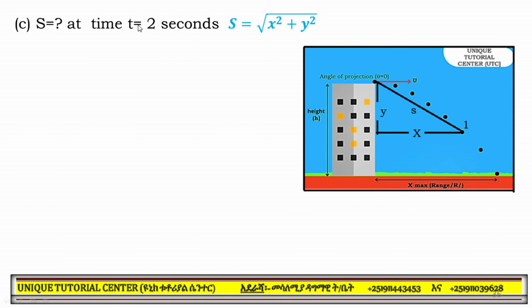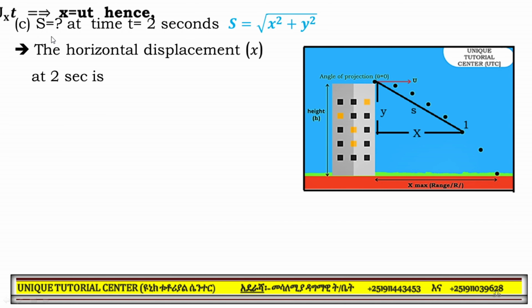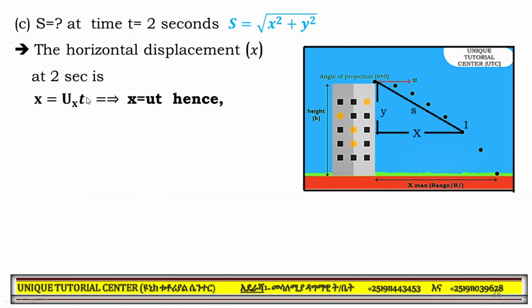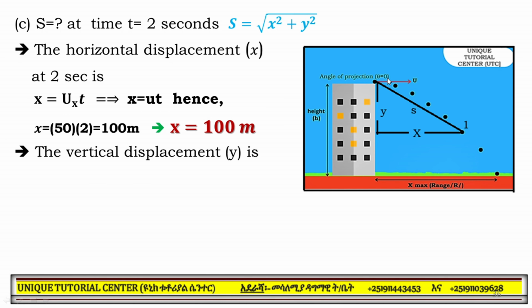At time t equals 2 seconds, let us find x, the horizontal displacement. x is equal to uxt. ux is u, which is 50, and time is 2 seconds, so 2 times 50, which is 100 meters. How about the vertical height from where it was thrown?